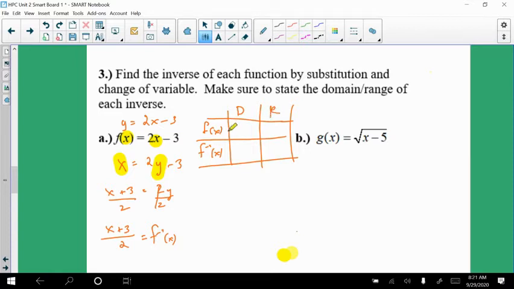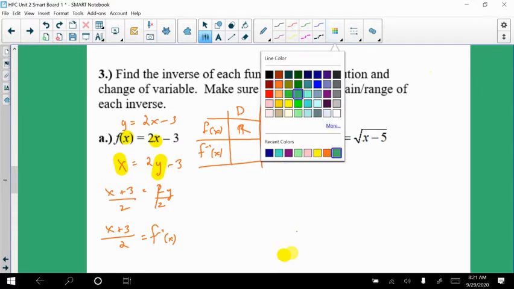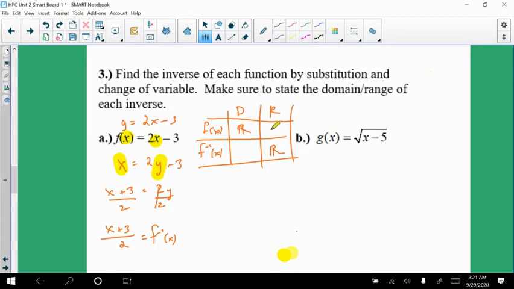The domain of the function is all reals, which means the range of the inverse is also all reals because those x's and y's switch spots. Because that's the definition of an inverse. And then the domain of the inverse, which is here, is all reals because it's linear, which means the range of the original function was all reals.